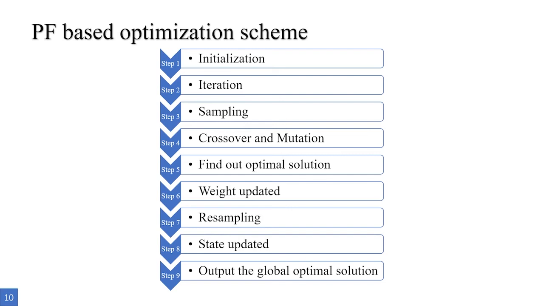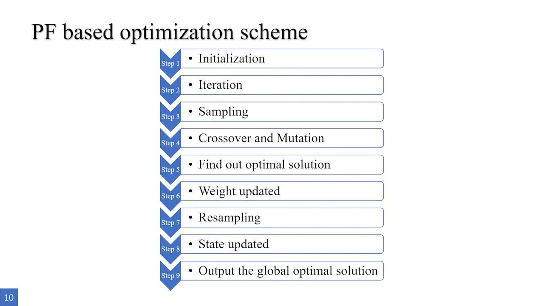If the fitness of a particle is larger than the fitness of the state, the weight of the particle is set to 0. Otherwise, the weight of the particle is updated according to the distance between its fitness and the fitness of the state.